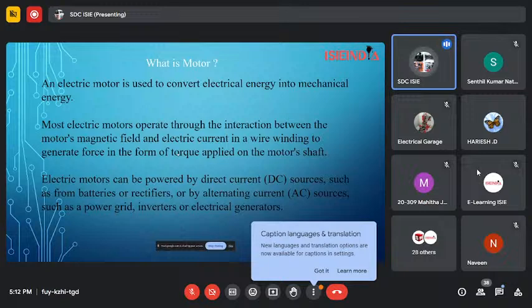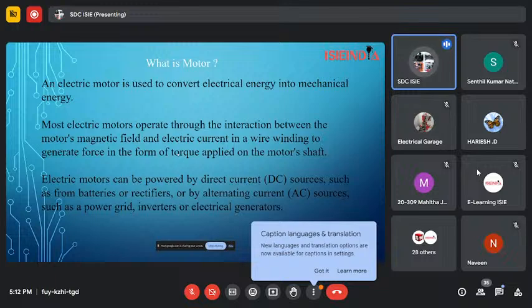Whenever an electrical current carrying conductor is passed through that magnetic field, a force is generated on it. That force is converted into torque, so that our motor shaft is able to rotate. From that motor shaft, we are acquiring our mechanical energy. That motor shaft is connected to our transmission.